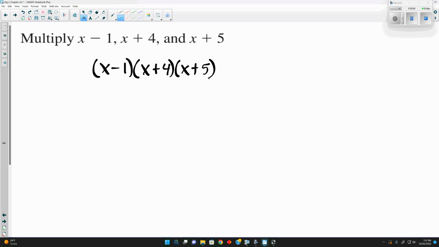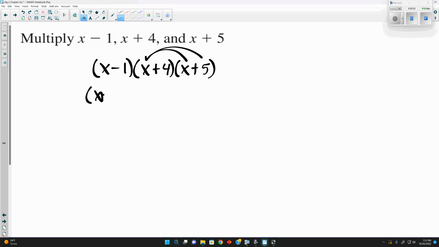And it doesn't really matter which two we pick. The two that I would say not to do first are x minus 1 and x plus 5, how we had this set up. I wouldn't pick the two that are farthest away from each other because then you're trying to multiply with the one in the middle. So we could do this here.